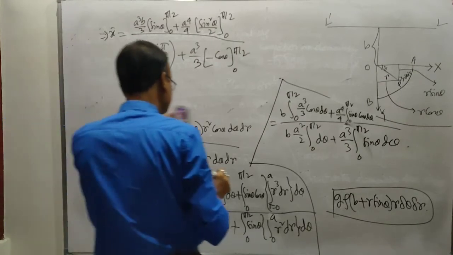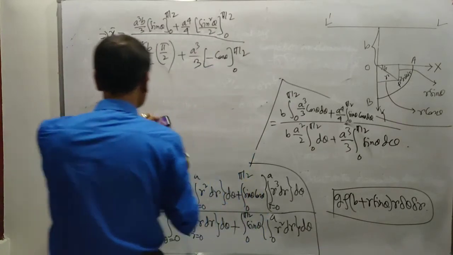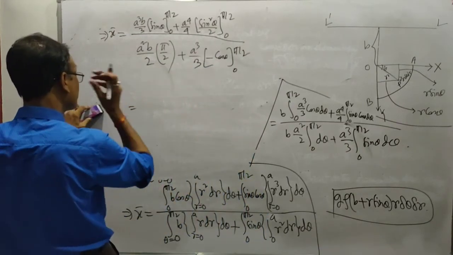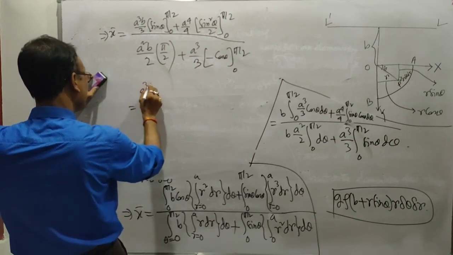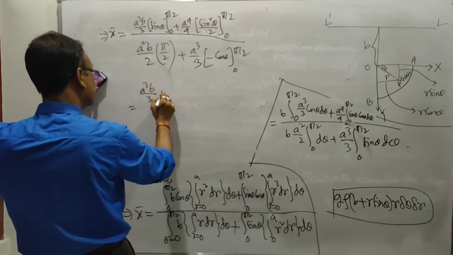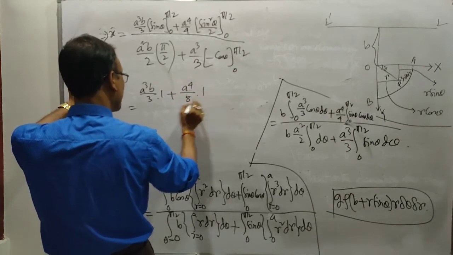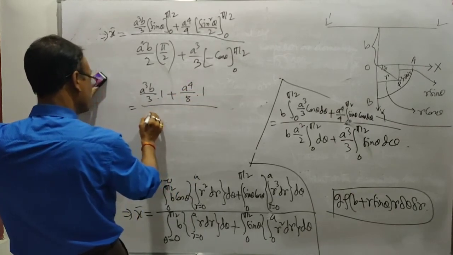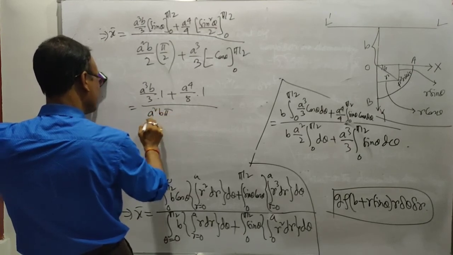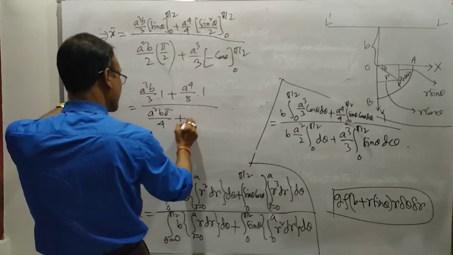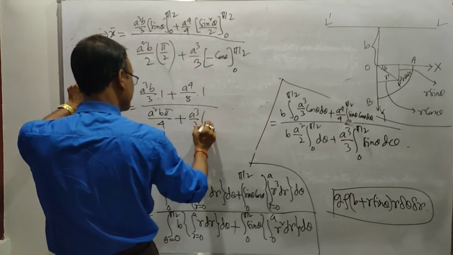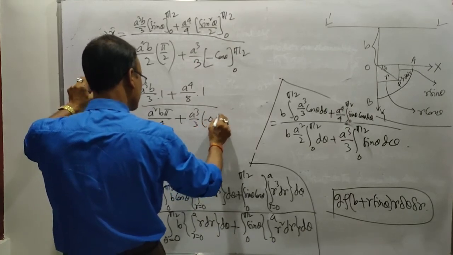This is equal to a cube b by 3 into 1 plus a to the power 4 by 8 into 1, divided by a square b pi by 4 plus a cube by 3 into minus 0 plus 1.